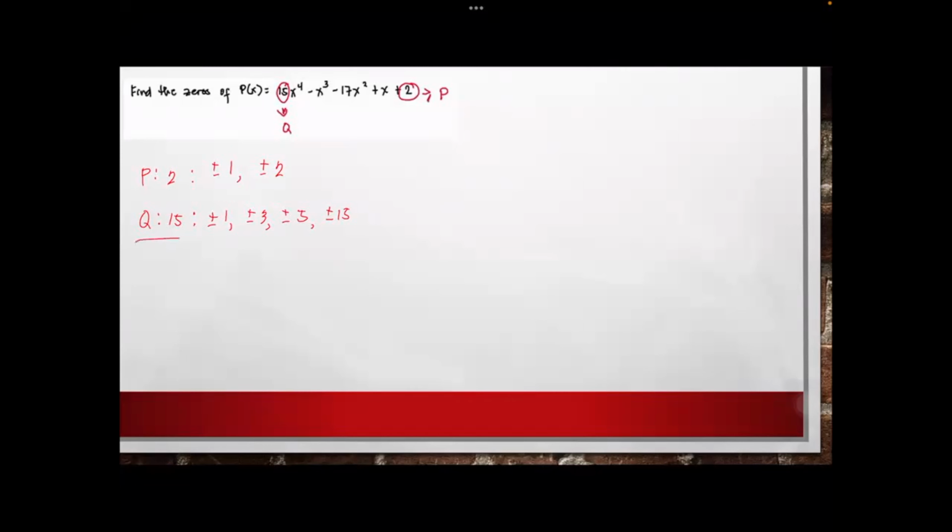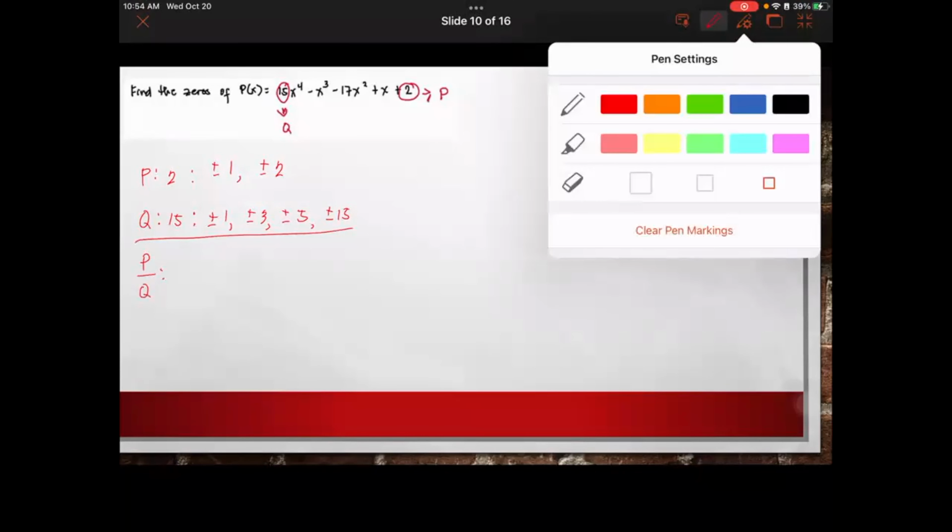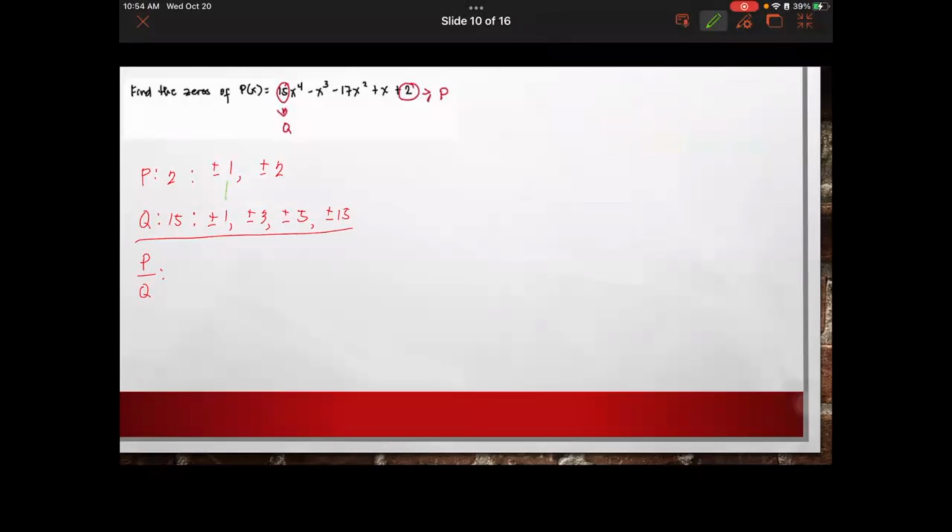Next, we need to get for the P over Q. So again, let's use green. 1 divided by 1 is positive and negative 1. 1 divided by 3, this is positive and negative 1 over 3. Then 1 divided by 5, positive and negative 1 over 5. The next is 1 divided by 15. This is positive and negative 1 over 15.